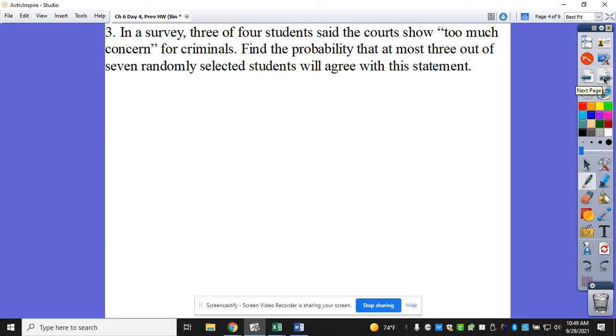Alright, and then the last one. This one looks a little bit confusing because it gives you 3 out of 4 and then it gives you 3 out of 7. So it is binomial. What are we defining as success?